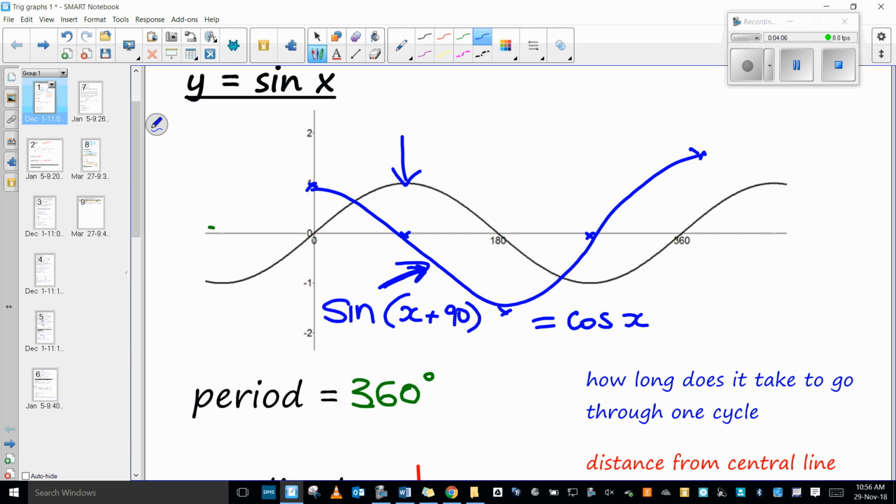Because it is the shift of it. So the blue one is cos x, yes? But I can describe it using sine, because I know that this blue one is this black graph shifted left by 90 degrees.